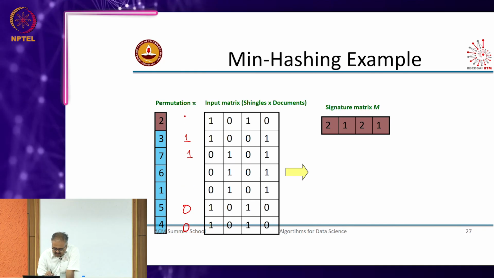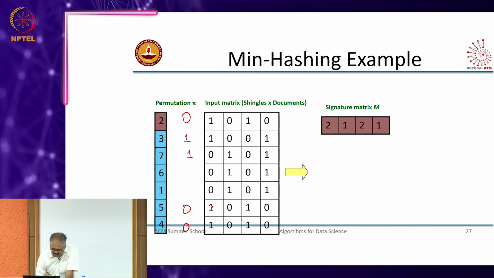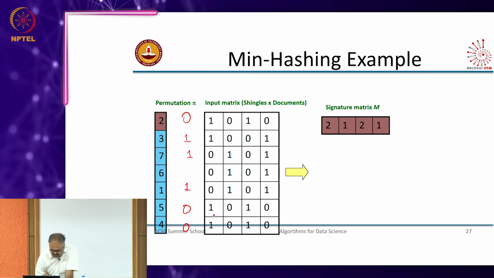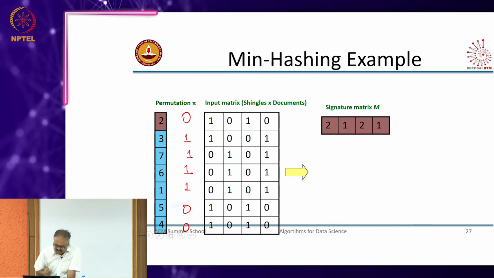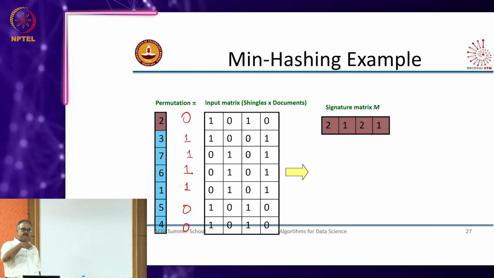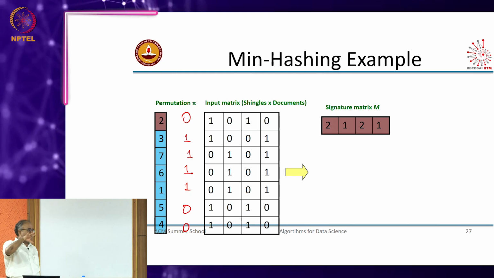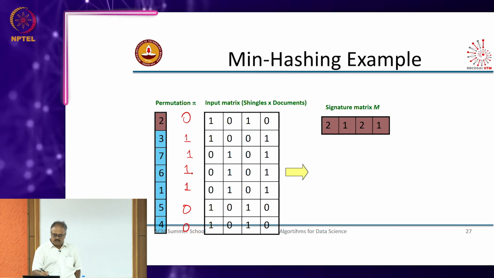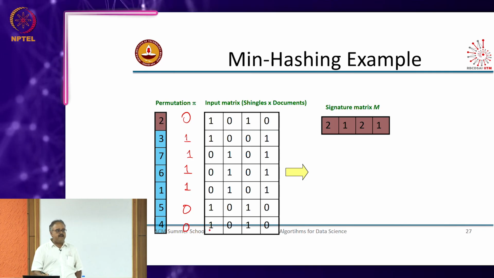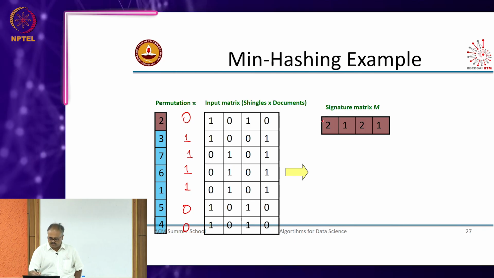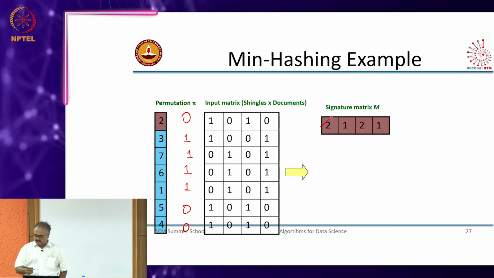This goes to 1, so I get a 0 here. This goes to 5, so I get a 1 here. This goes to 4, I get a 1 here. So this is the permutation of the first column under this permutation pi. So the hash of the first column will be 2.